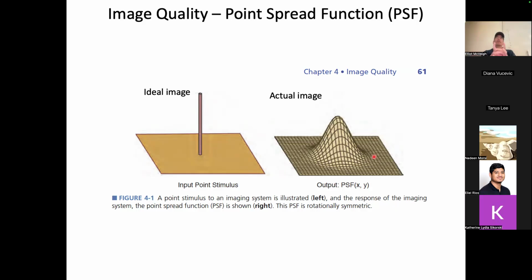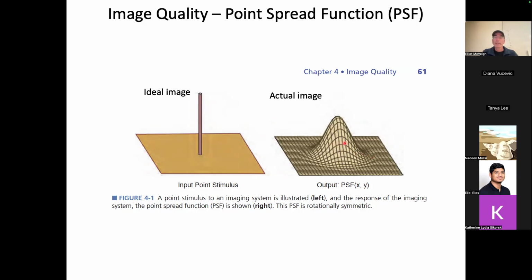If you don't get a blob, if you get a disk, then your dot is not small enough to test the spatial resolution of your system. If you get a disk image, like it's a circle, you need to make a smaller dot, right? So you keep making the dot smaller and smaller and smaller until finally you get a picture that looks like this. It's what's called a Gaussian or a blob, and oftentimes it's modeled with a Gaussian function.